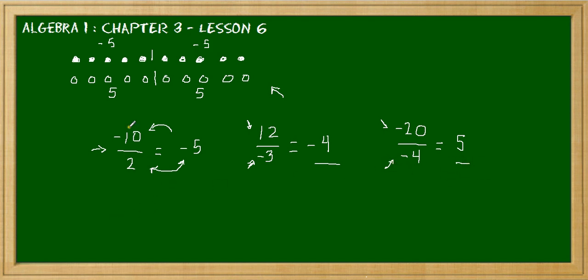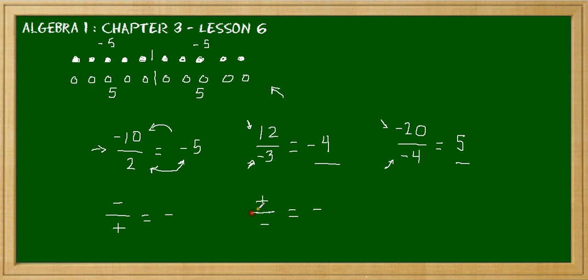And again, here we just have negative over a positive, so negative over a positive is going to yield a negative. Positive over a negative is going to yield a negative result. And this is actually a fraction here. It looks like a negative.